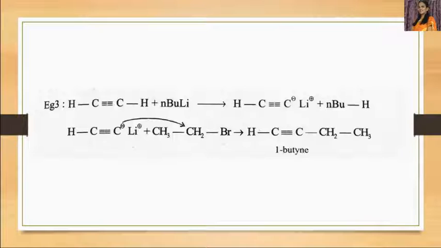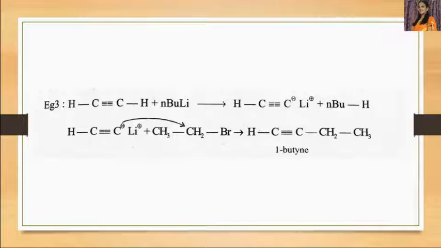Okay, so in the next step, once the lithium acetylide is produced, it combines with an alkyl halide. Here we consider ethyl bromide. It goes and attacks this carbon atom.